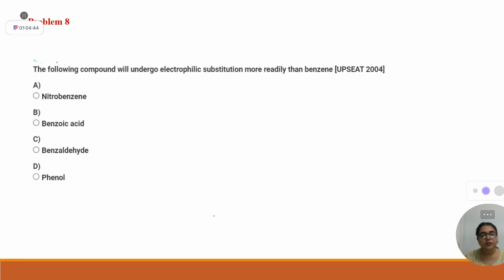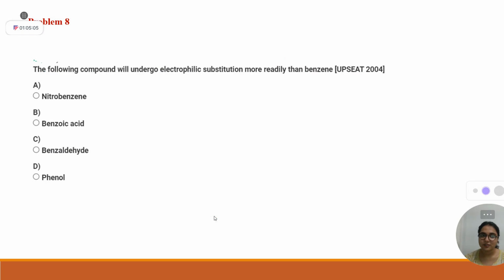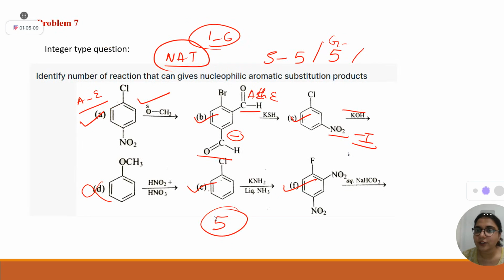Next problem. The following compound will undergo electrophilic substitution more readily than benzene. Ma'am, can you please show the previous slide? Okay. Should I go ahead? Yes, go ahead. For a screenshot, ma'am. Okay. I think they will provide you these slides with annotation only.